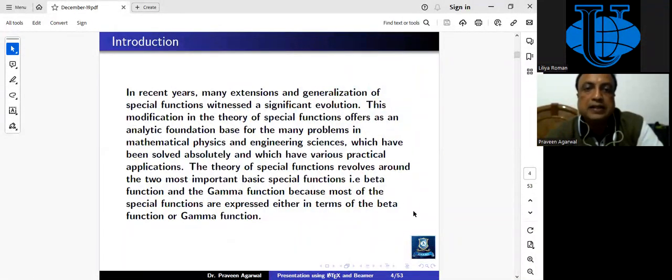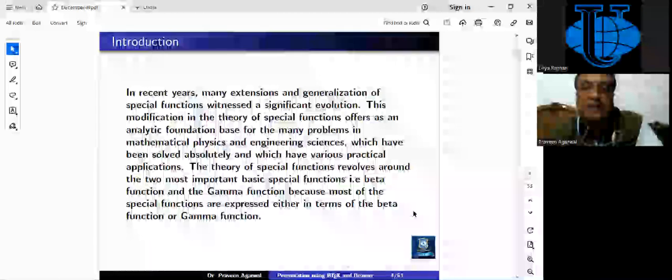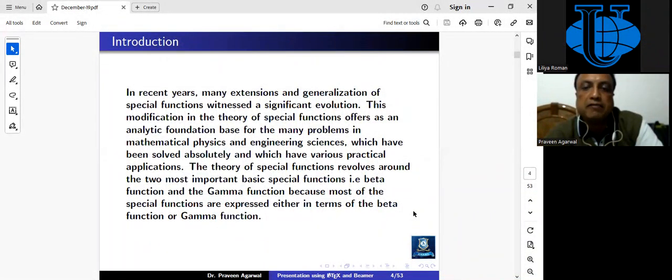So, colleagues, in recent years, many extensions and generalizations of special functions have witnessed a significant evolution. This modification in the theory of special functions offers an analytical foundation for many problems in mathematical physics and engineering sciences, which have various practical applications.